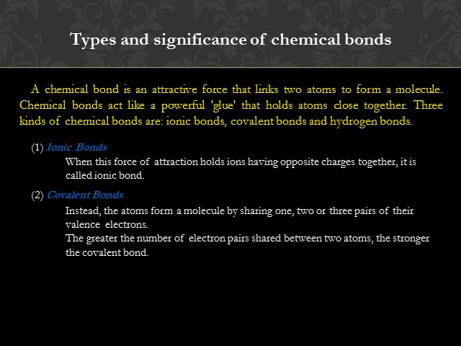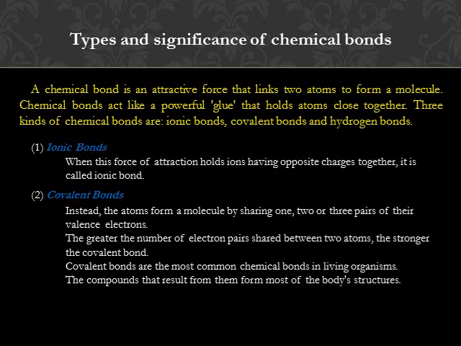If they are sharing two pairs of electrons, the strength is stronger. And if they are sharing three pairs of electrons, they can form an even stronger covalent bond. So covalent bonds are the most common chemical bonds in living organisms. The compounds that result from them form most of the body's structure.